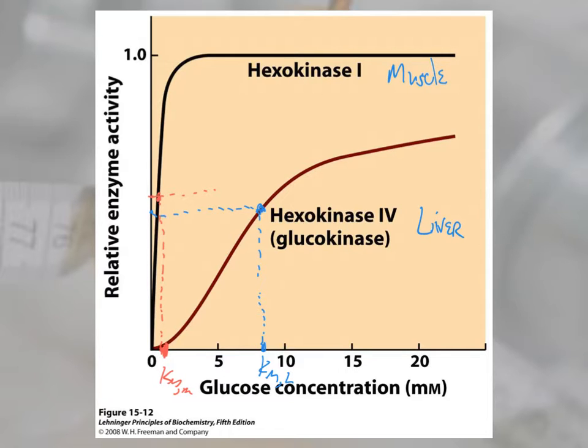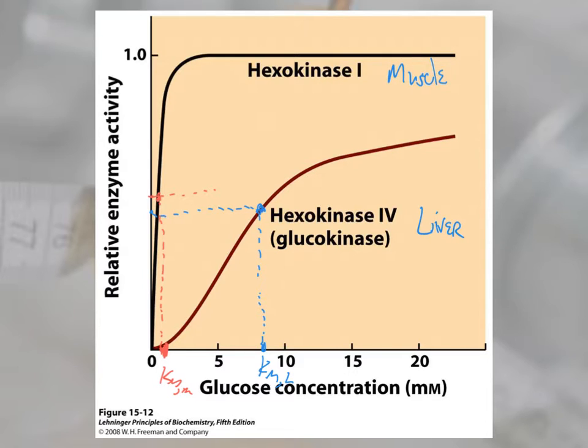Gluconeogenesis. It doesn't occur in the muscles. It occurs in the liver. What other two tissues really do gluconeogenesis? The kidneys and the small intestines, okay?